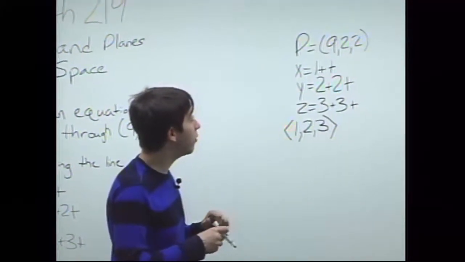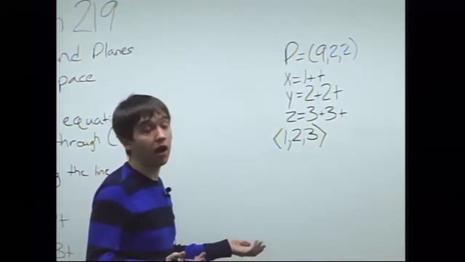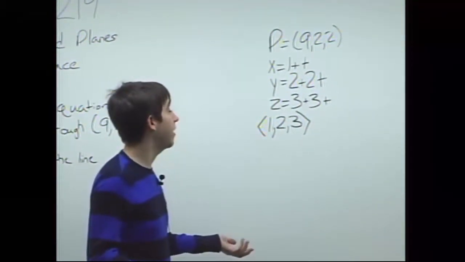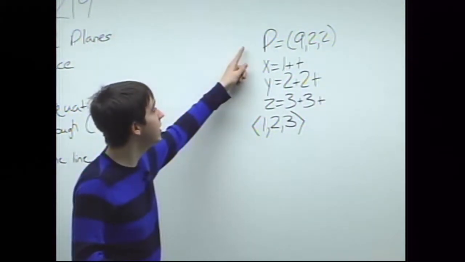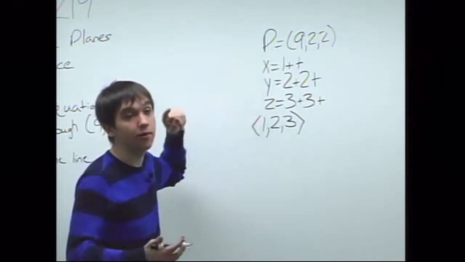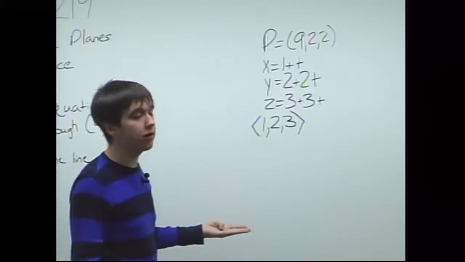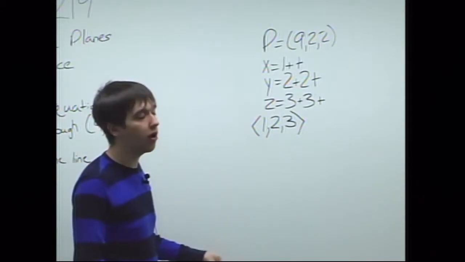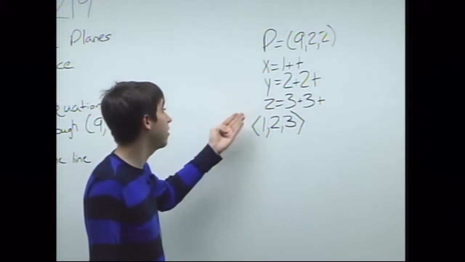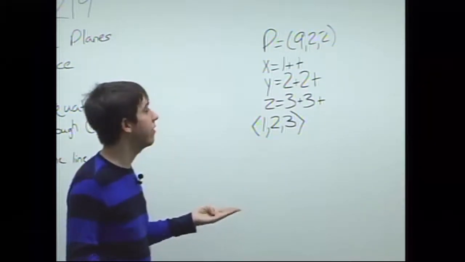The next thing we want to do is find another vector that lies on this plane. We have one point already, but we don't have another point to construct another vector. So we're going to use the line to construct said vector.